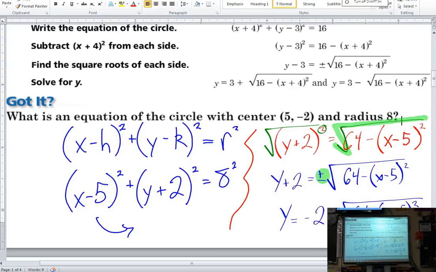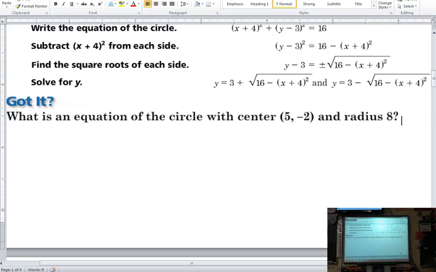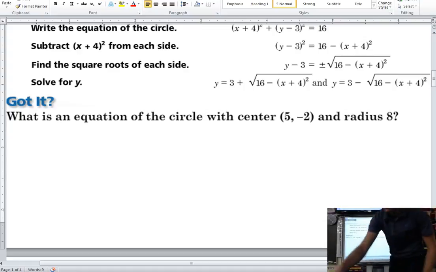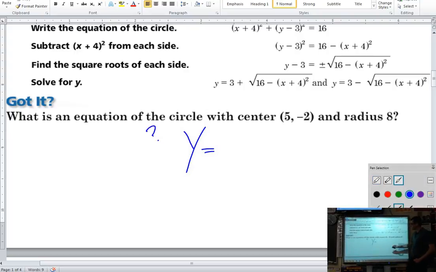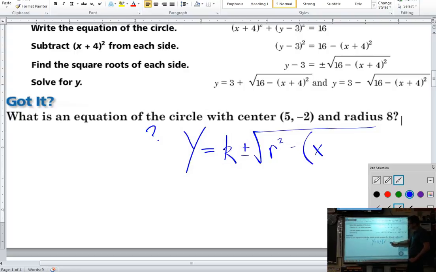So let's hypothesize what equation in general form could work for any circle. If we want to hypothesize, we could say y could equal, what do you got? k plus or minus the square root of r squared minus the quantity x minus h squared.